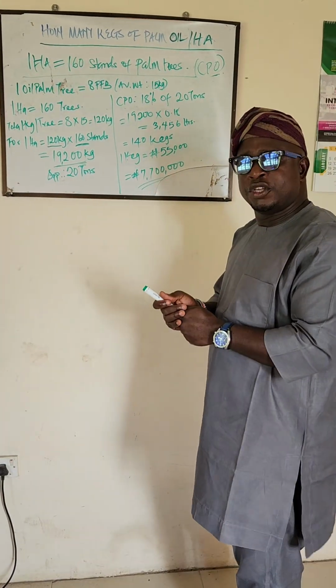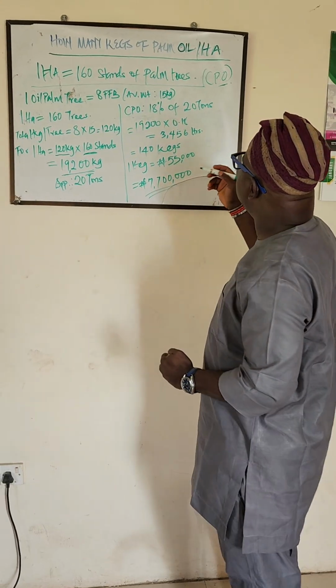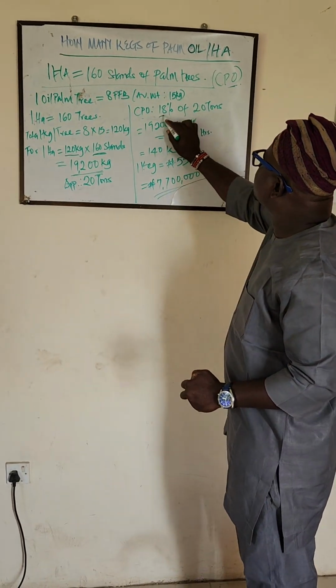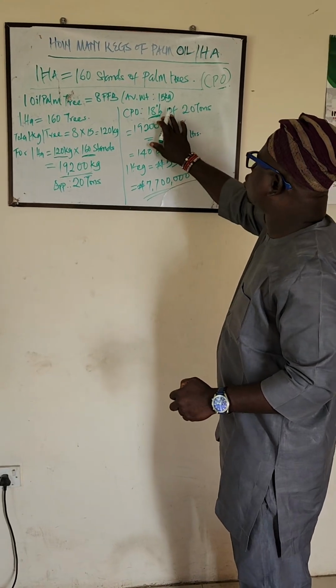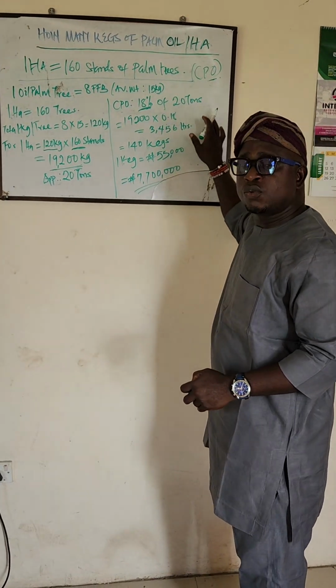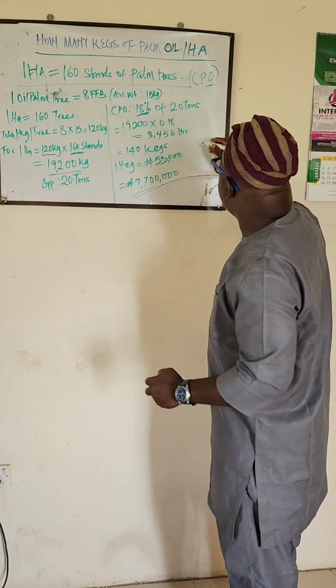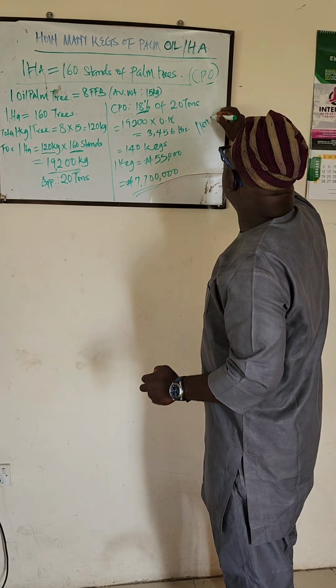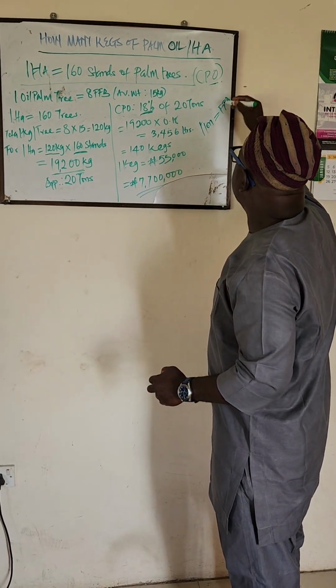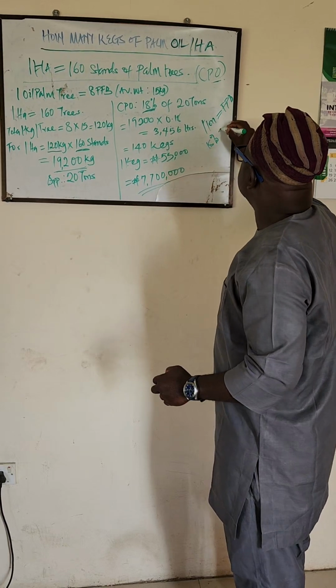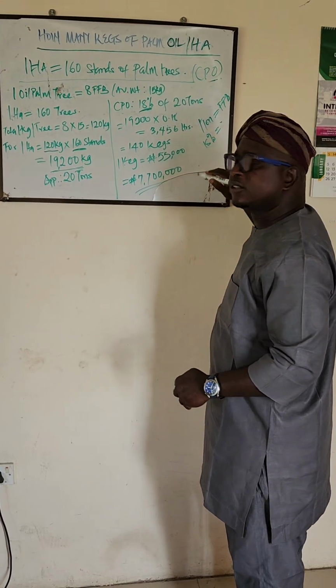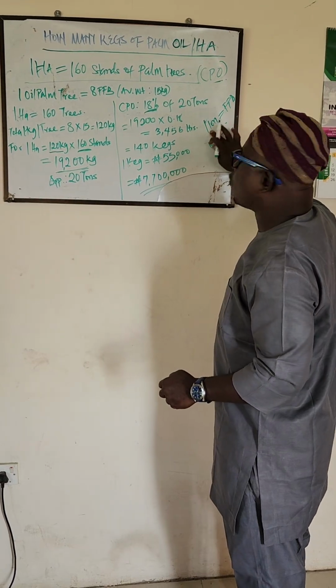But on the average, no matter what, we estimate that 18% of 1 ton of FFB will give you a certain number of liters of oil.